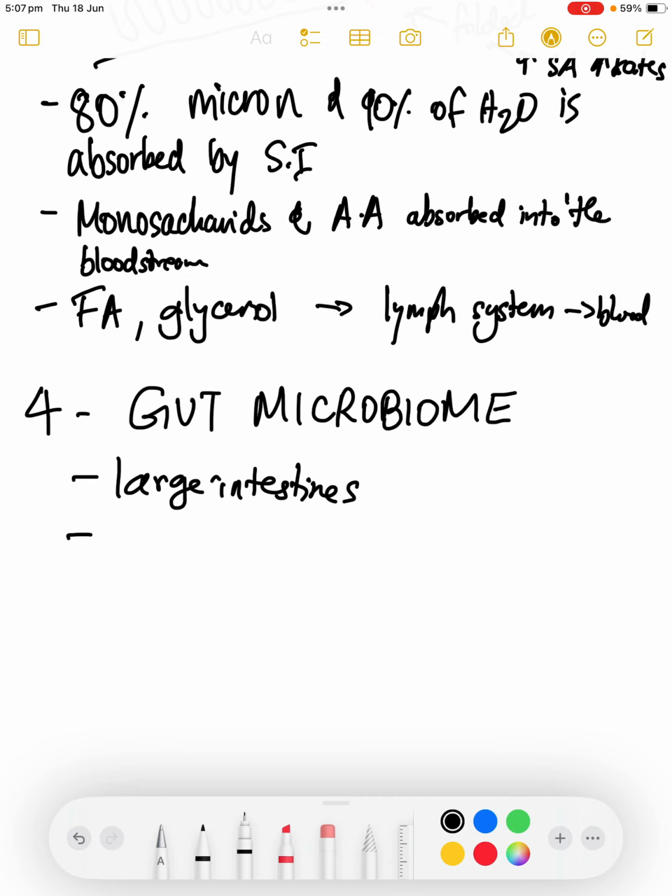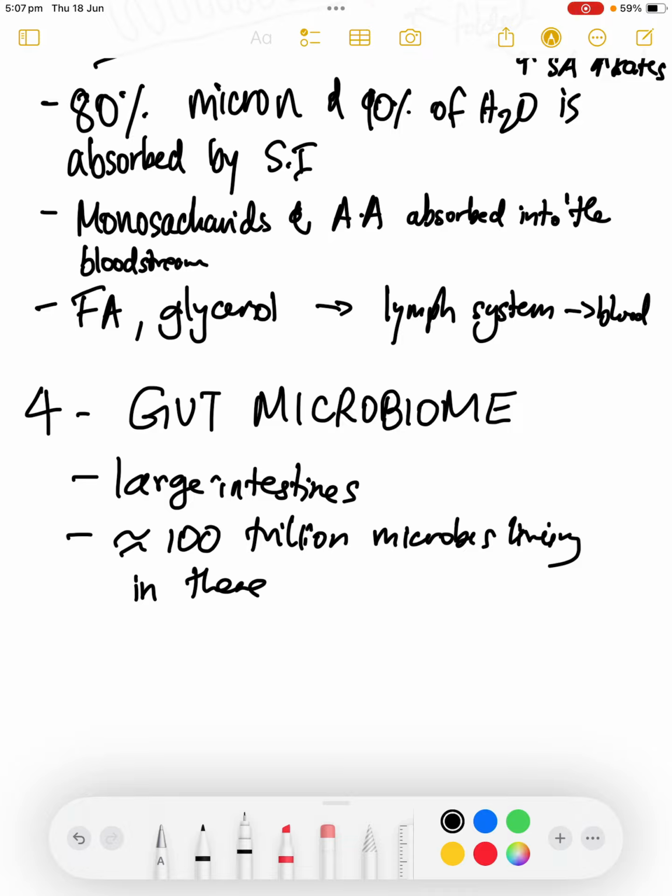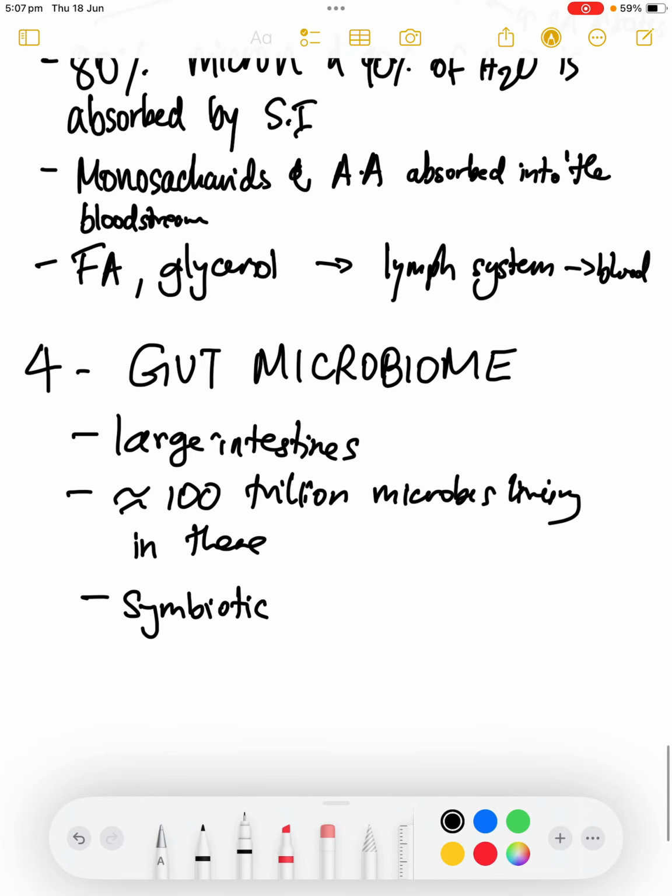And really, we have roughly 100 trillion microbes living in there. All right. And we also share a symbiotic relationship with them. So we provide a home for them. They help extract energy and vitamins from food as well.